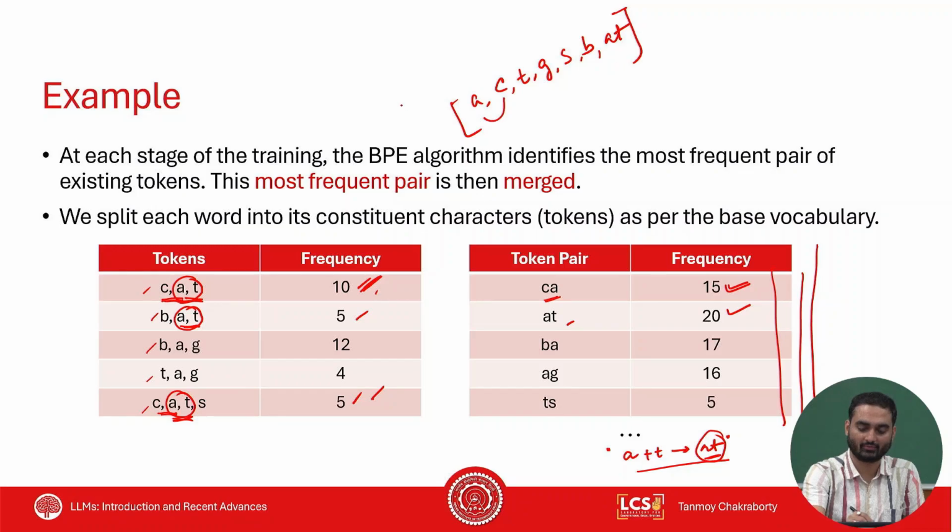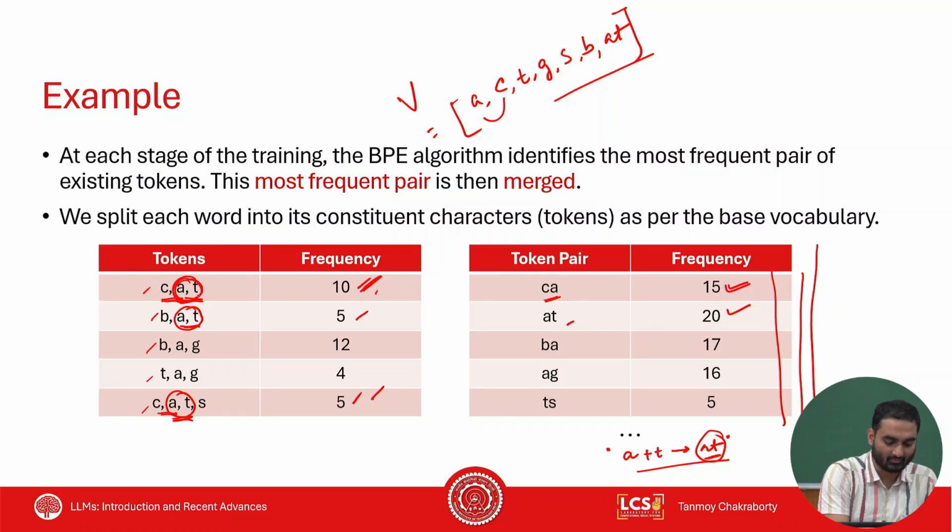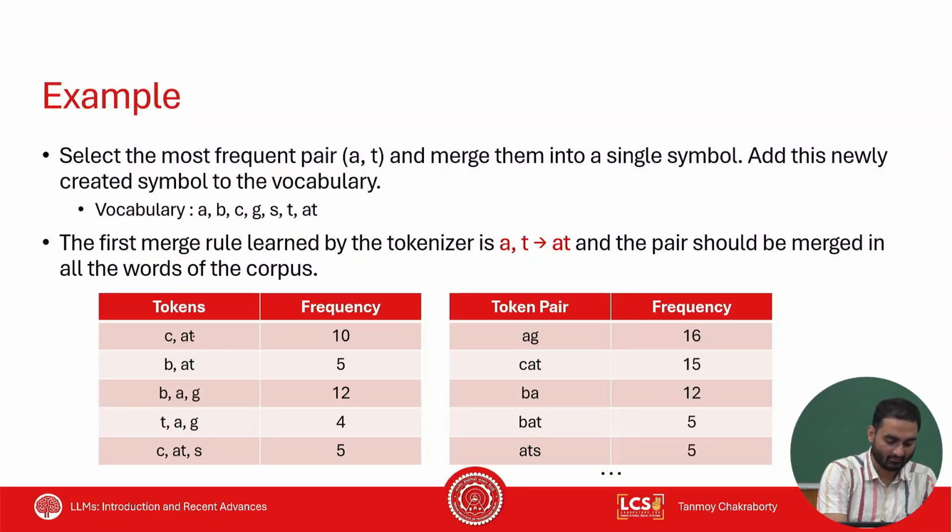So this is a vocabulary V. So AT will be added here, and all these combinations will be replaced by the unique token AT. Now look at here, C AT. It is not C comma A comma T. This is C comma AT, B comma AT, C comma AT comma S, and so on and so forth.